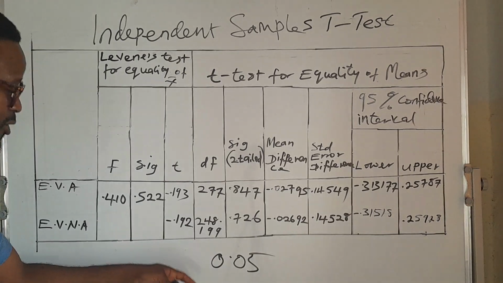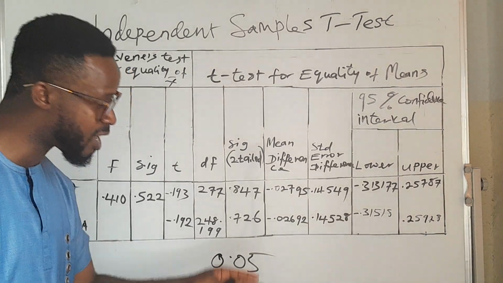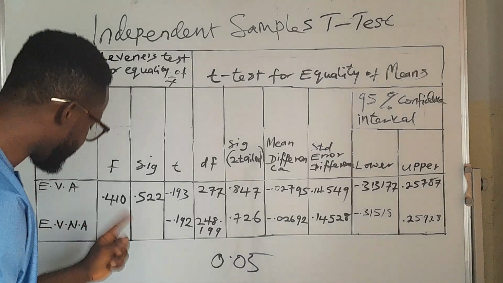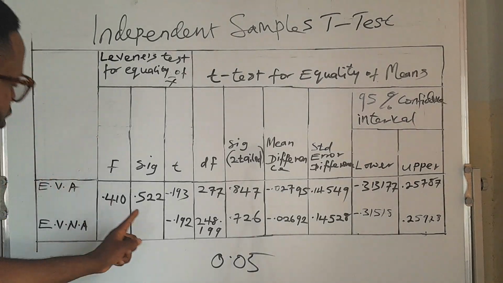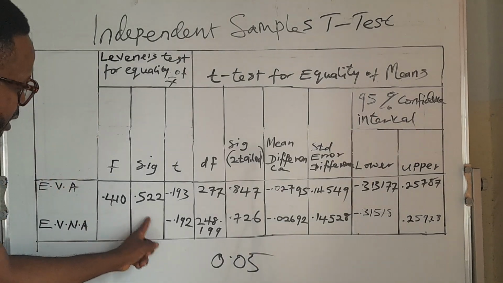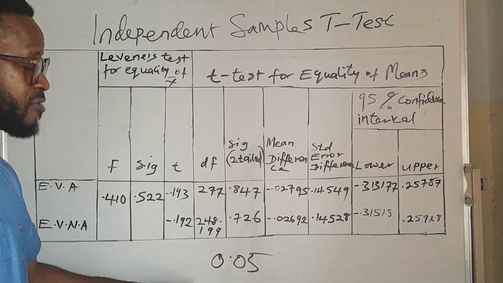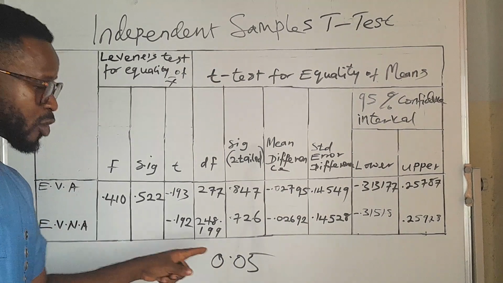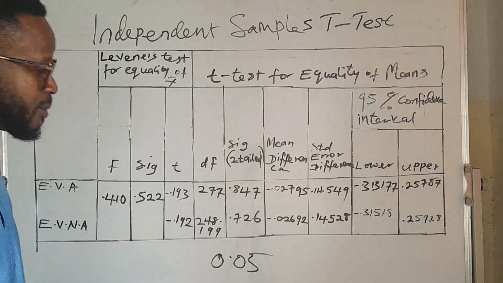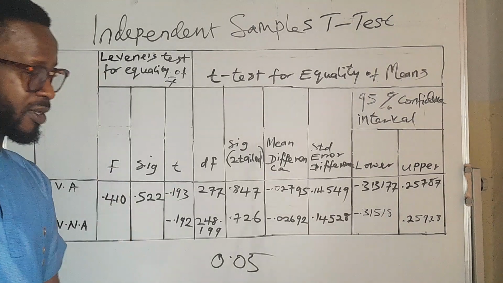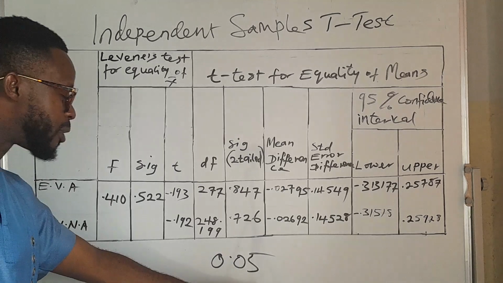So you are testing your hypothesis at 0.05 level of significant difference. First step you must consider is to look at this column. This value here is your cutoff p-value. The same function 2.50 does in a 4-point Likert scale mean, it's the same function 0.05 does here.